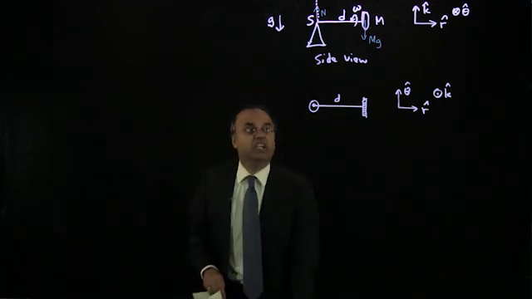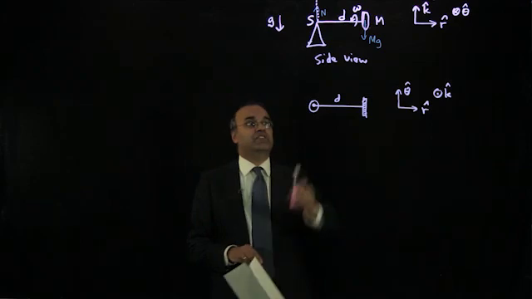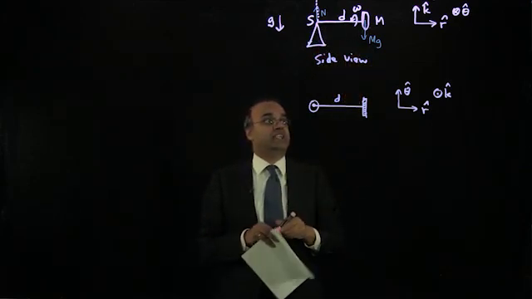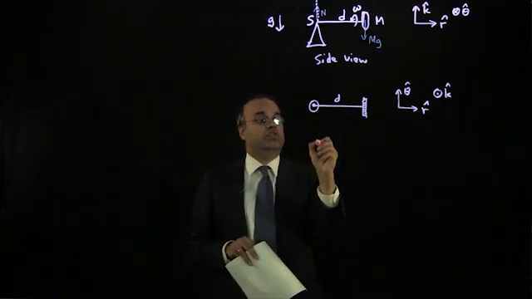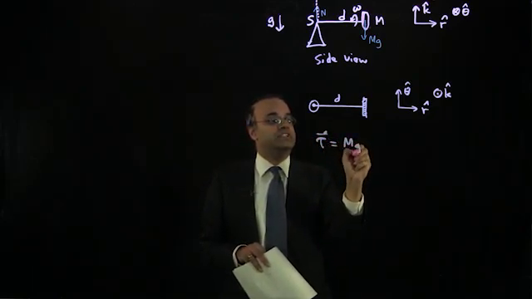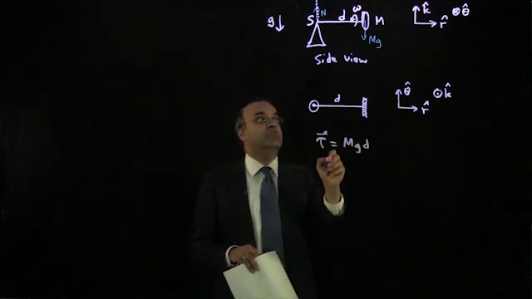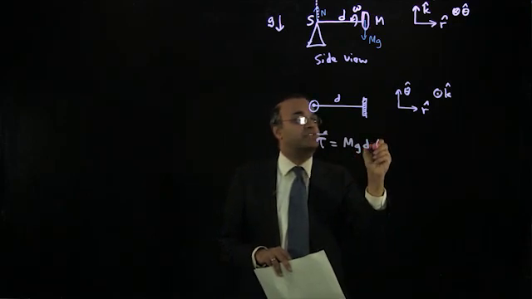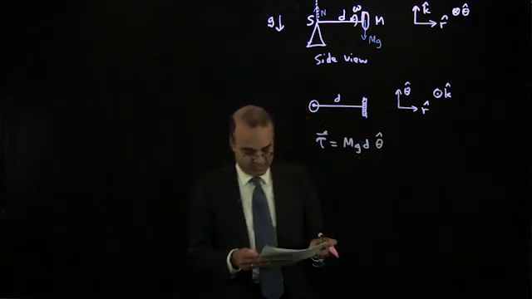The torque is just given by r cross F. And so relative to point S, that's the distance d times the weight mg. So the torque is mgd. And by doing r cross F with the right-hand rule, we see that it's directed in the plus theta hat direction.